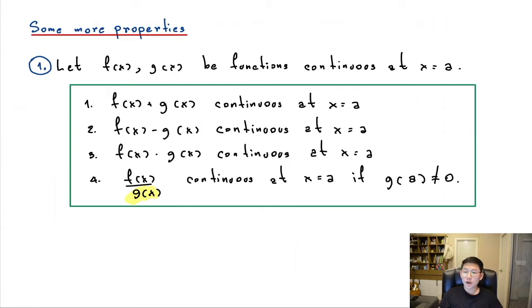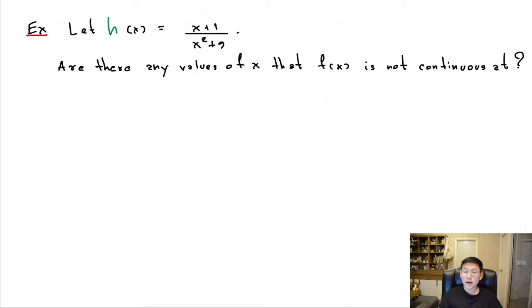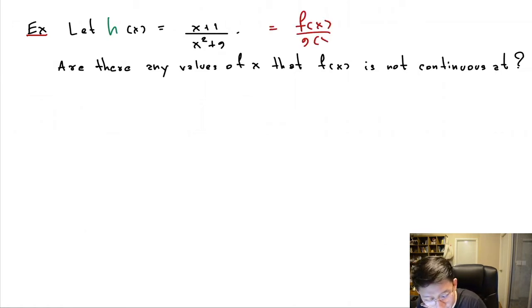So what can we use with that property? First, let's look at this h. Is there any value of x that h of x is not continuous at? Let's say I look at this as f of x divided by g of x, when f of x is x plus 1 and g of x is x squared plus 9.